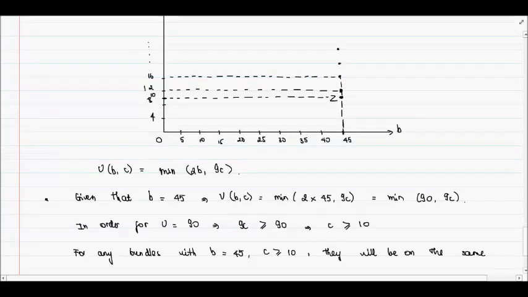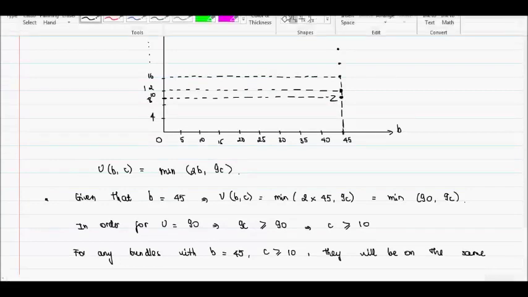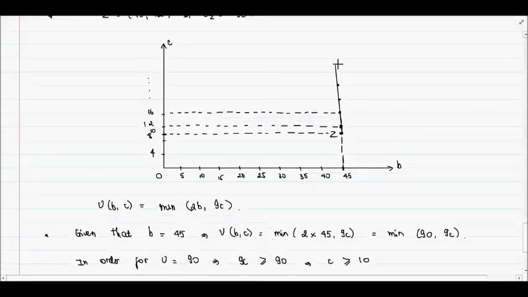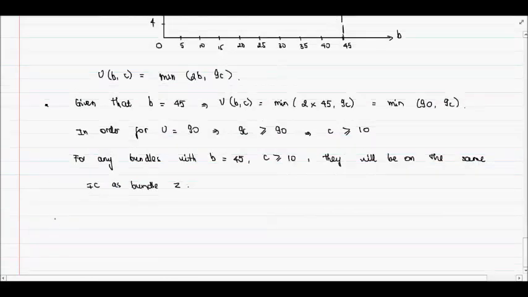So if we connect all of these points together, we're going to get the first part of the indifferent curve, anything going from the lowest point all the way up. That is part of the indifferent curve. Now for the horizontal part.